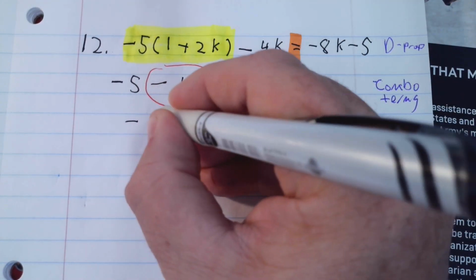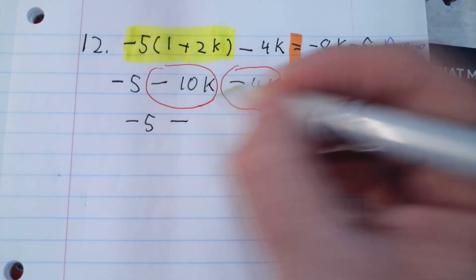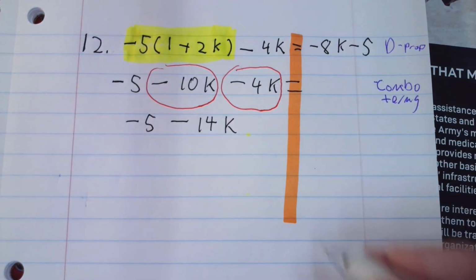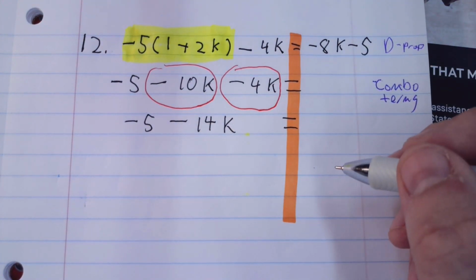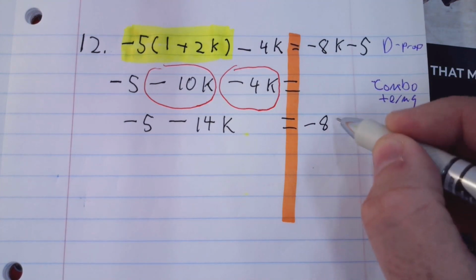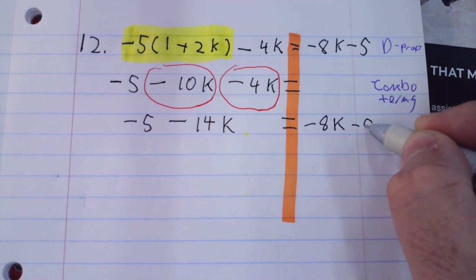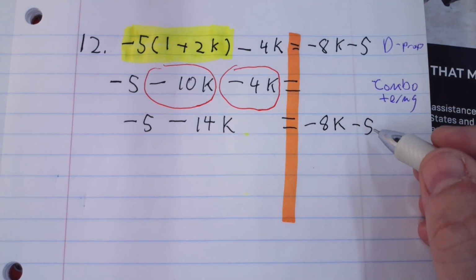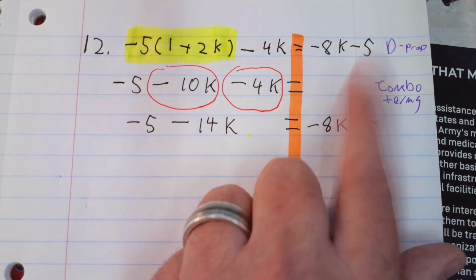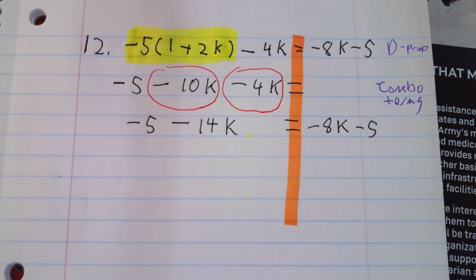So order doesn't really matter, but I can do this. Okay, now I'm going to bring this one down. I didn't write it the whole time because I wasn't really messing with the right side at all. I was only simplifying the left side. The right side was already simplified, so that was okay.